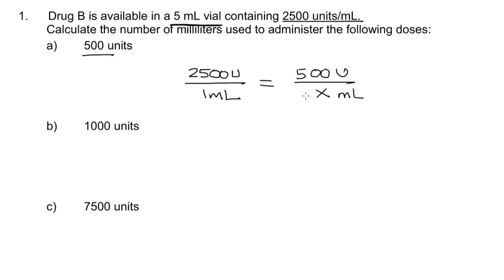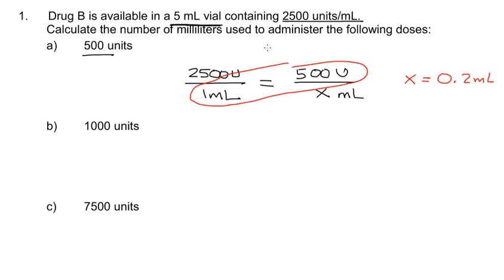You remember how we solve these cross-multiplying? You multiply the two numbers on the diagonal, so 1 times 500 divided by 2,500, and that tells you that x is only 0.2 milliliters. That's the amount you'd have to administer.